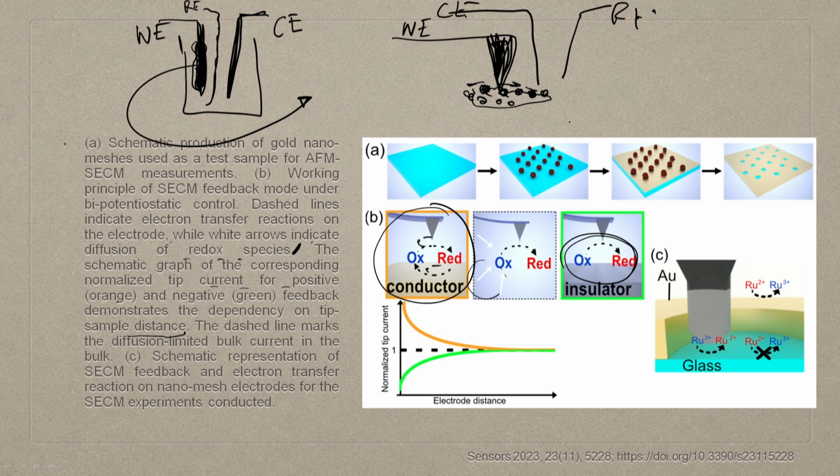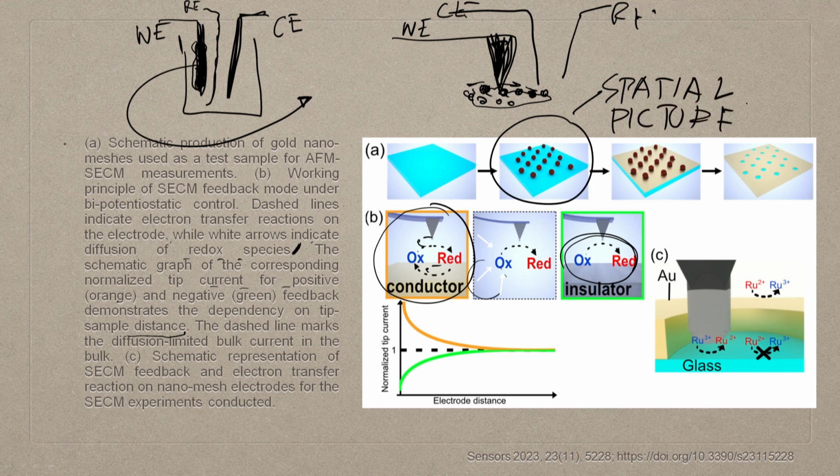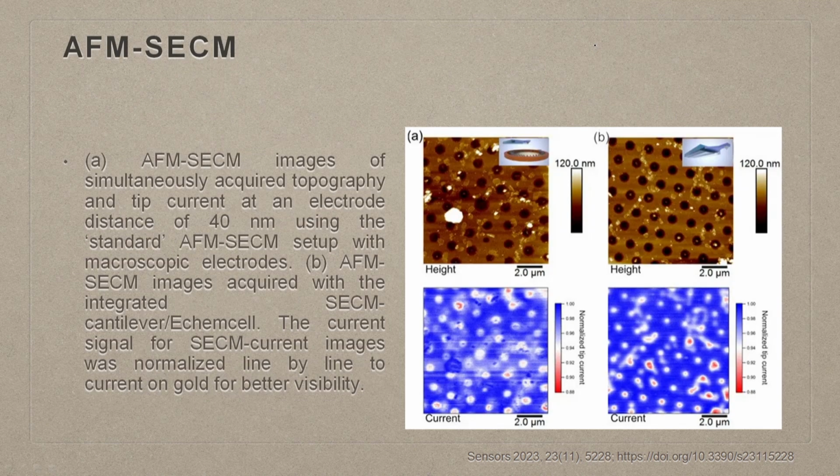You get a very dynamic spatial picture of things which otherwise was not possible. And this is the power of coupling two different kinds of techniques, where you can see the electron transport phenomenon which is happening.